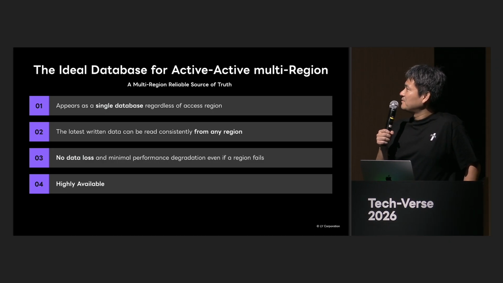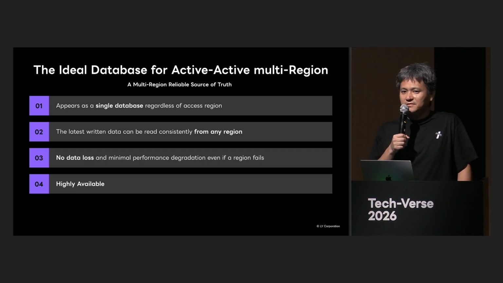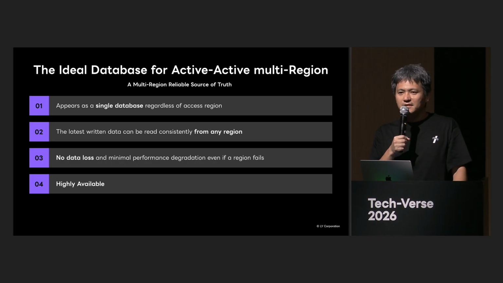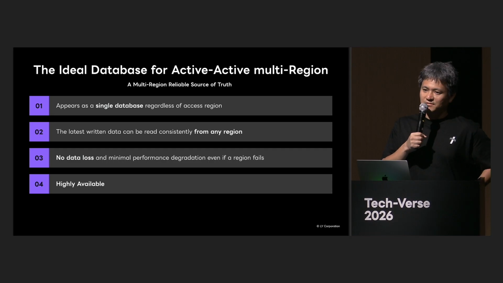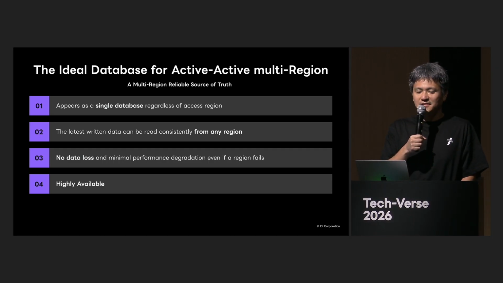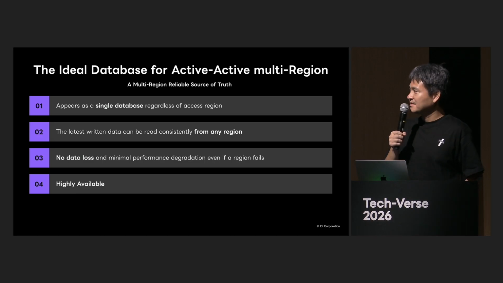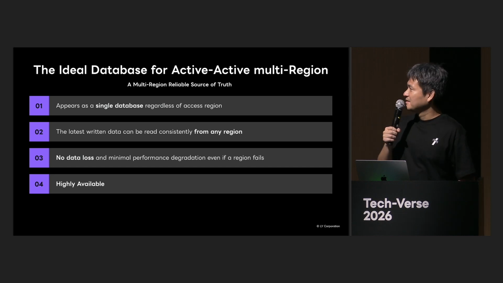This isn't necessarily how it has to be, but it's what we consider the source of truth. First, from an application's perspective, it actually operates across multiple data centers, but we want it to appear as a single database. Also, we want to be able to read the latest data written in any region from any location. Otherwise, it becomes difficult to develop applications.